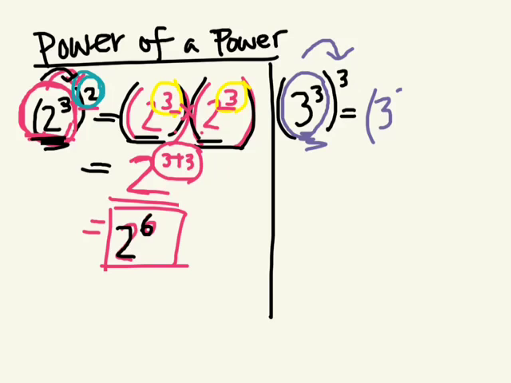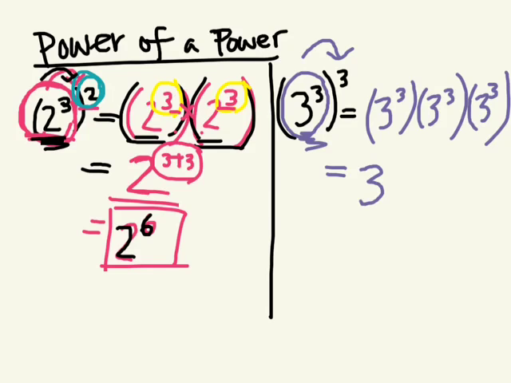Right, 3 to the power of 3 times 3 to the power of 3 times 3 to the power of 3. What do you do when you are multiplying powers? What do you do with the exponents? You add them. Right, so we're going to write the base, and I'm going to add 3 plus 3 plus 3. What's 3 plus 3 plus 3? 9. So the answer is 3 to the power of 9.